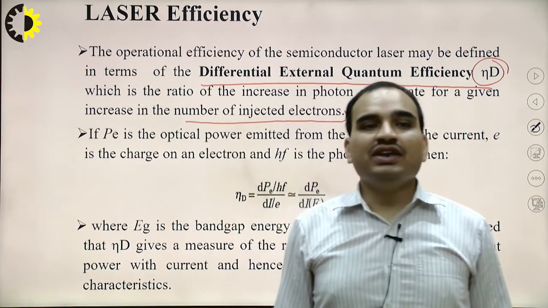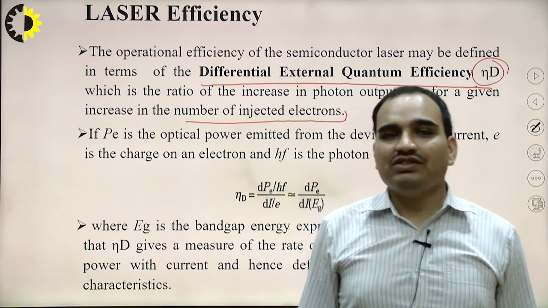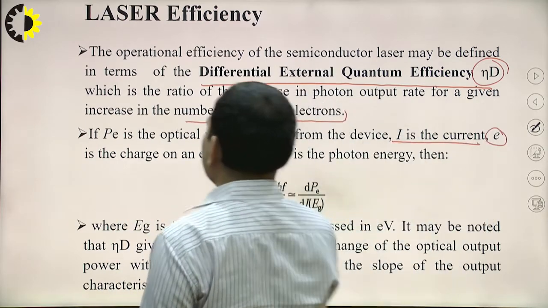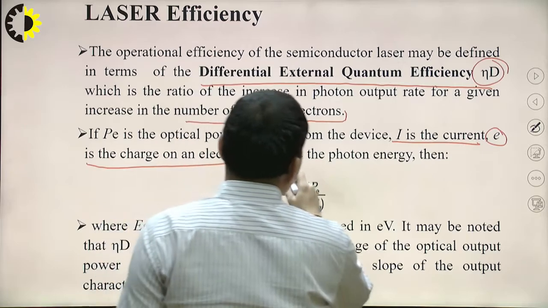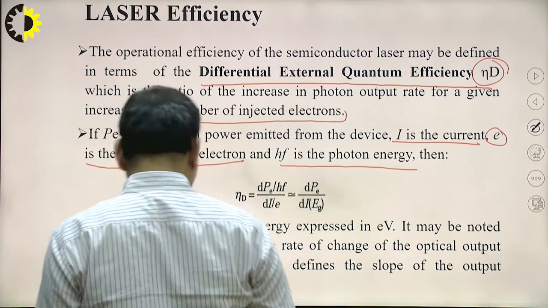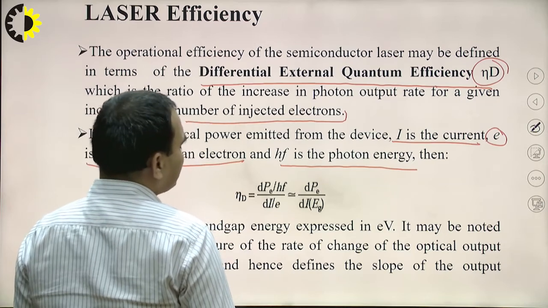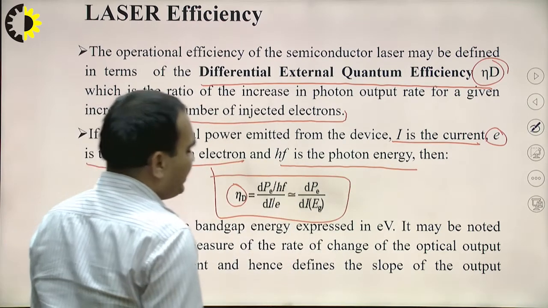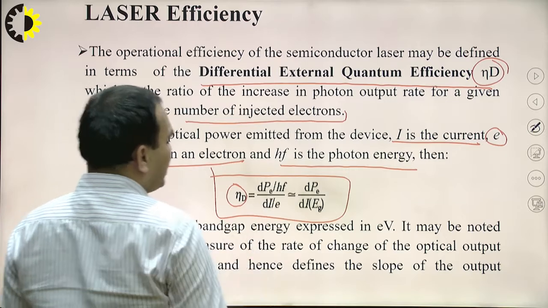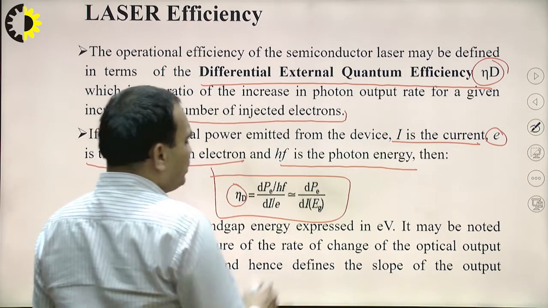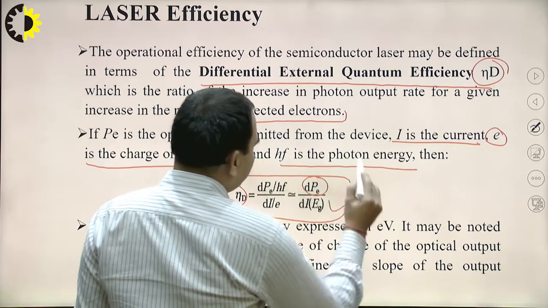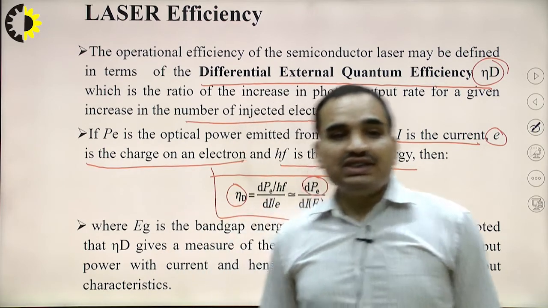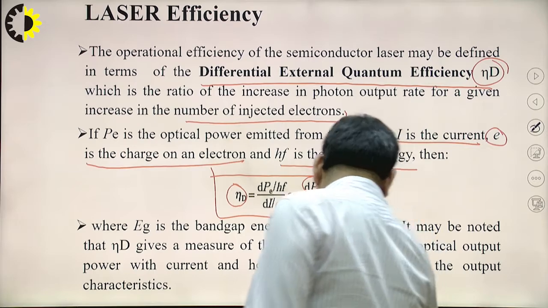So, if Pe is the optical power emitted by the device, I is the current, e is the charge on the electron, and hf is the photon energy, then the differential external quantum efficiency eta d is given by dPe by hf divided by dI by e. That is approximately dPe by dI times e by Eg, where Eg is the band gap energy expressed in electron volts.